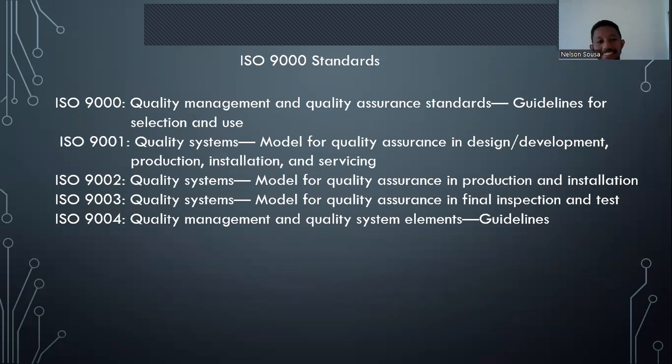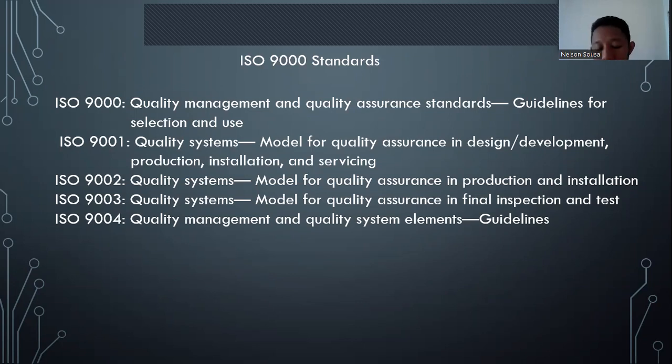For the ISO 9000 standards, the first, ISO 9000, is the quality management and quality assurance standards, guidelines for selection and use. ISO 9001 is for the quality system, a model for quality assurance in design or development, production, installation, and servicing.